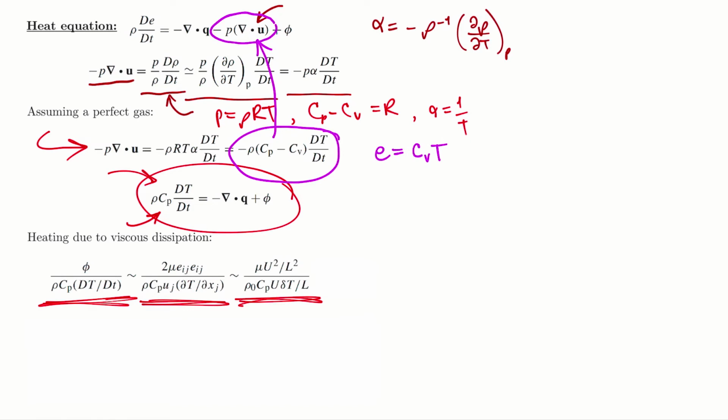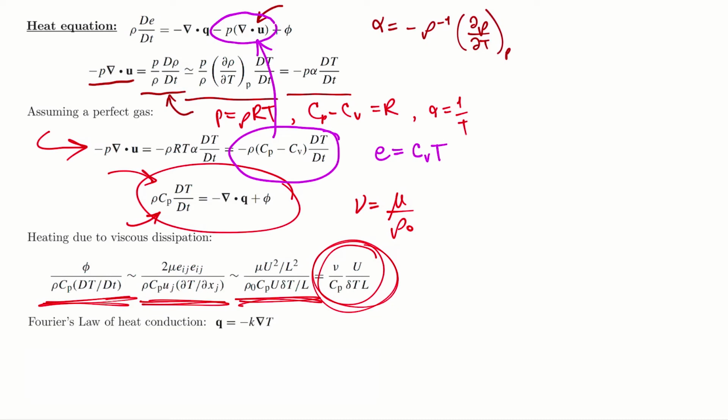A reminder too, when this new term shows up, I don't think I put that on the last slide, but that's this expression right here. In most situations, the value of this is extremely small, approximately, say, 10 to the minus 7. So that shows that we can neglect viscous dissipation in these cases where we can make the Boussinesq approximation.